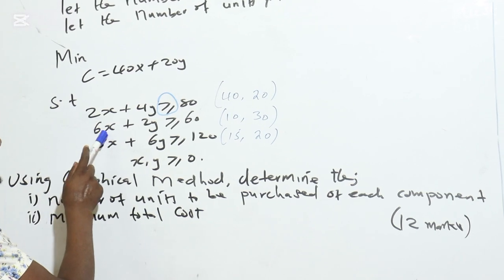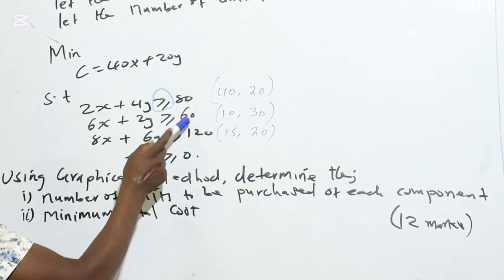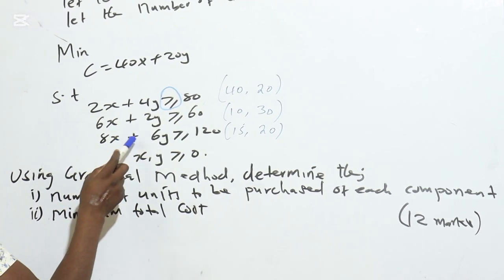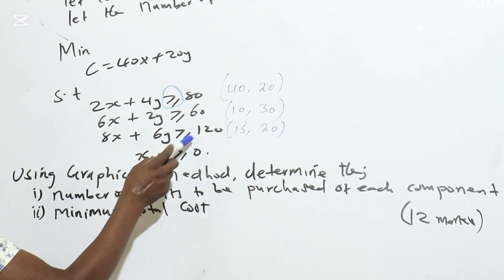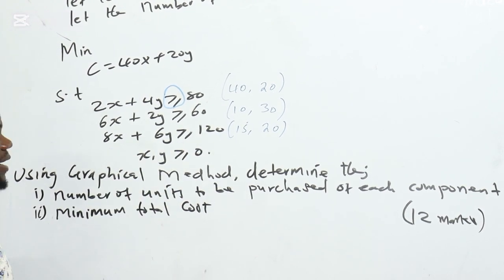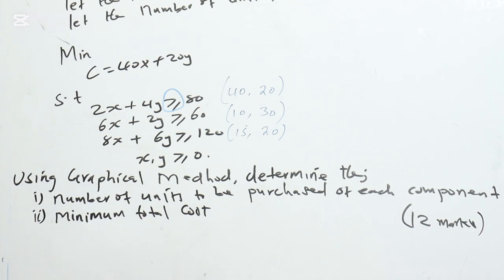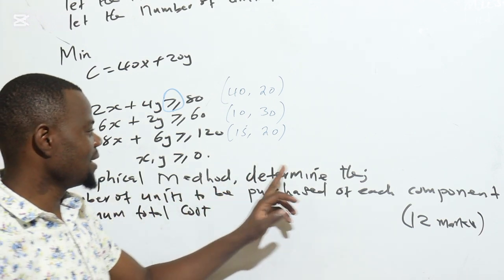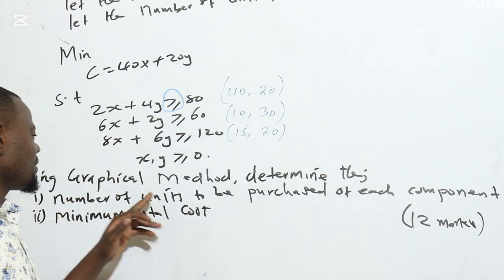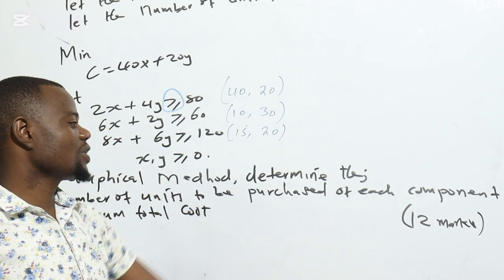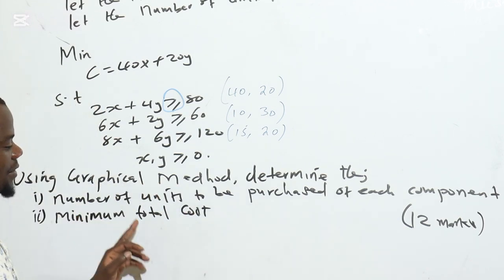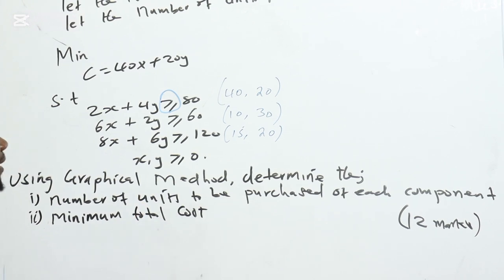The second constraint is 6x plus 2y greater or equal to 60, and 8x plus 6y greater or equal to 120. Due to non-negativity, x and y must be greater or equal to 0. Using the graphical method, determine the number of units to be purchased of each component and the minimum total cost.